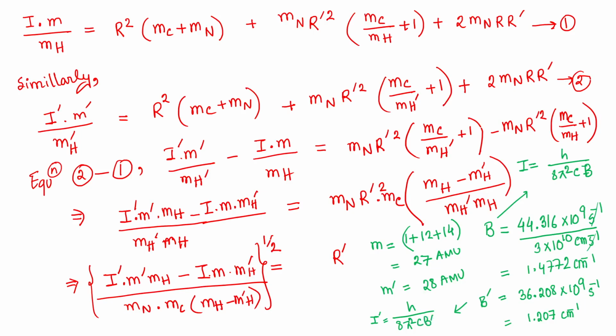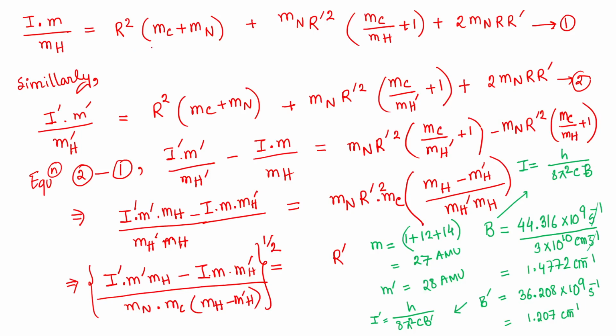So you will get the values of I and I dash from here, right? From B and B dash. So maybe let us calculate, or we can do it on the next step. Let us write it. That your R dash, what is the expression we got?